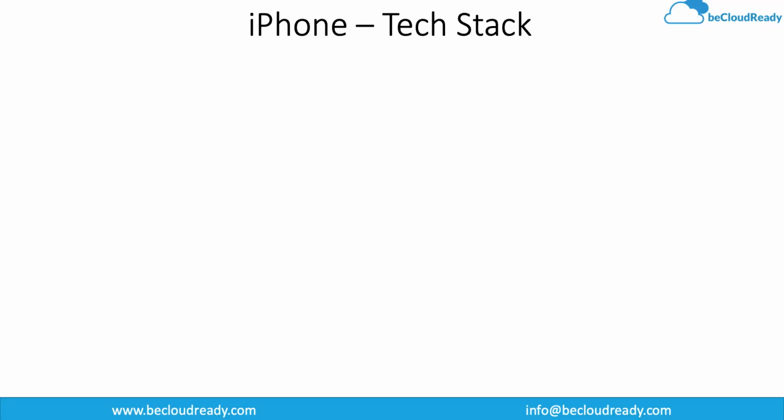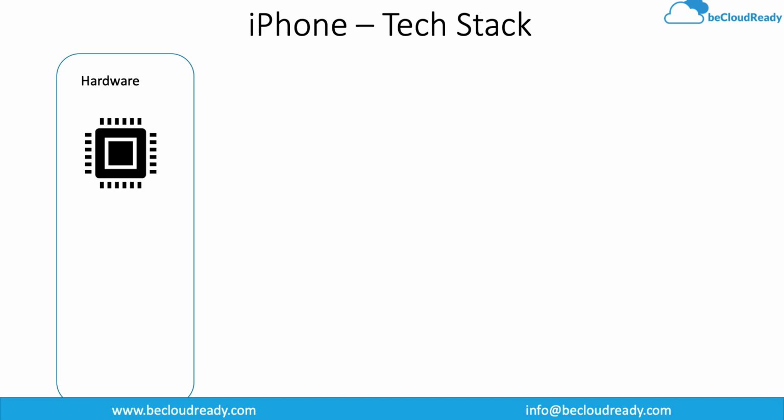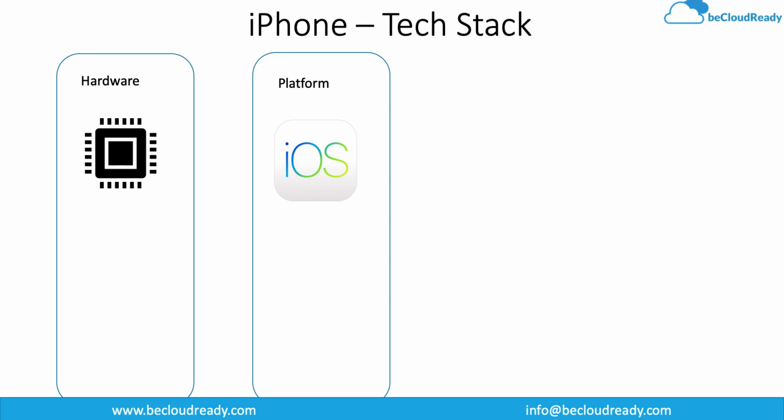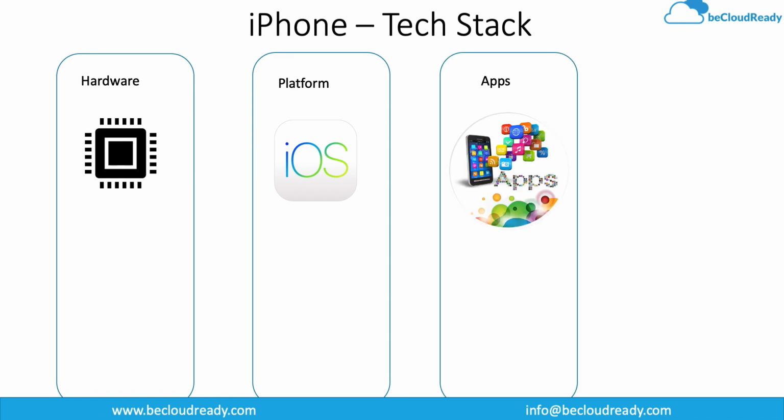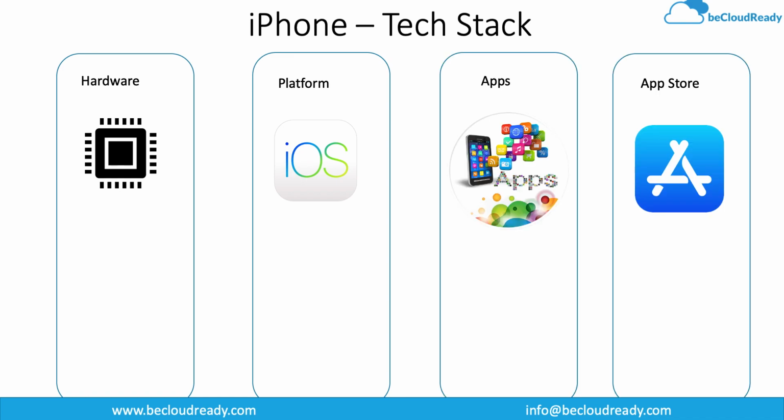So if I'm talking about the technology stack of the iPhone, I can broadly divide it into hardware, then the software platform, which is your iOS, then you have apps, and then you have the App Store. When I'm talking about hardware, I'm talking about things like the phone processor, which processes any kind of compute operation you're doing.